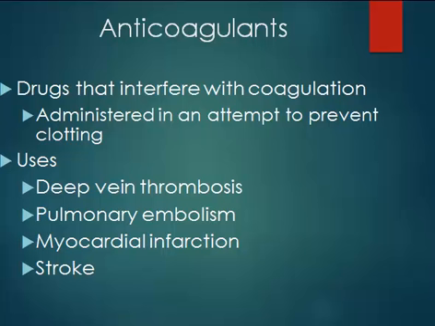Anticoagulants only work against the formation of the clot. All right? They don't break up clots. We have different drugs for that. So with anticoagulants, if you have a deep vein thrombosis, pulmonary embolism, myocardial infarction, or stroke, we're trying to prevent these things from happening.